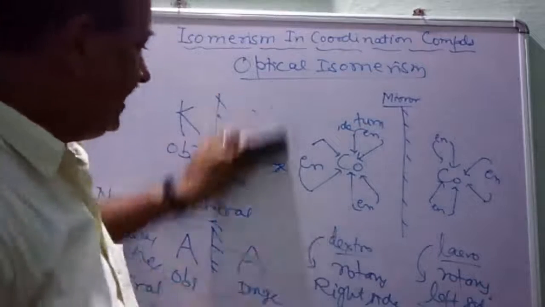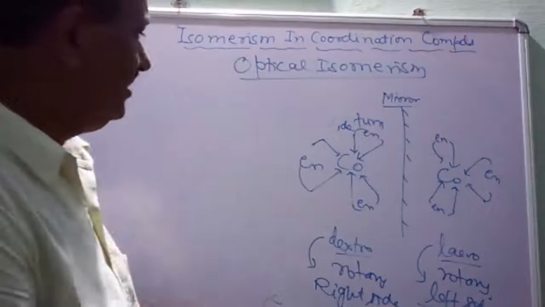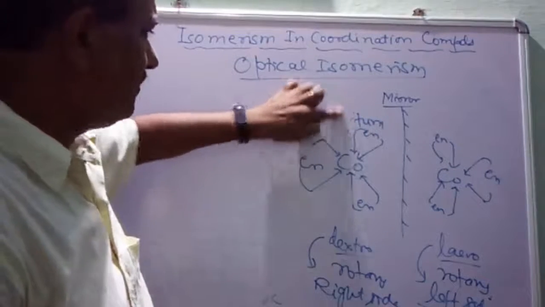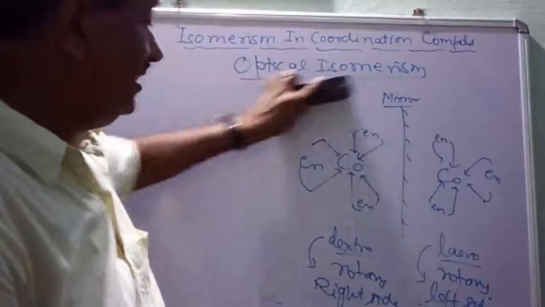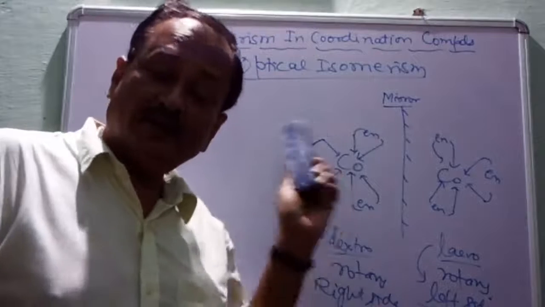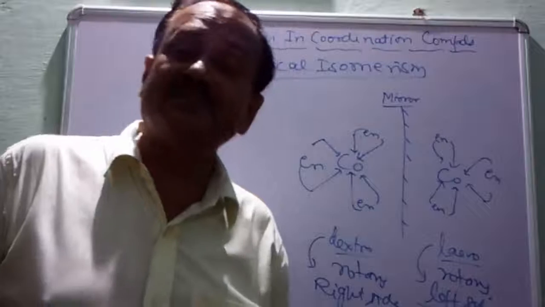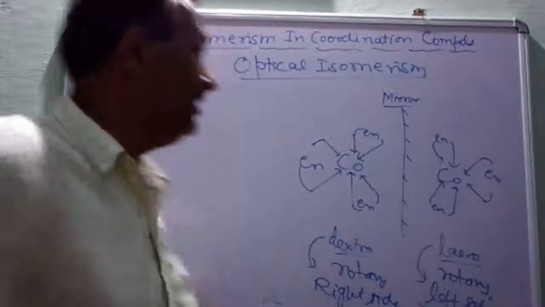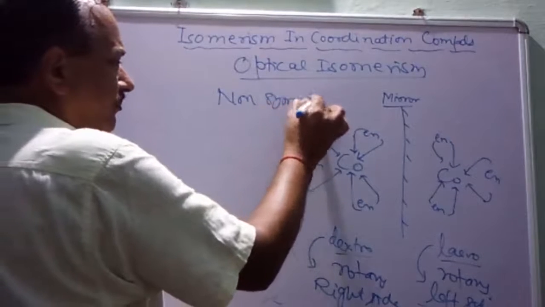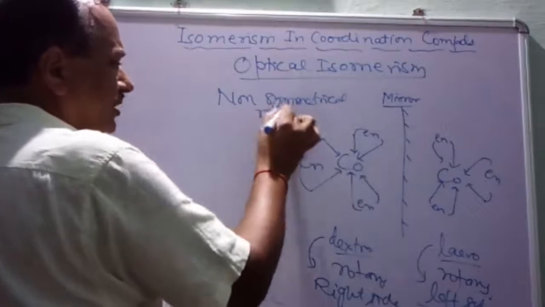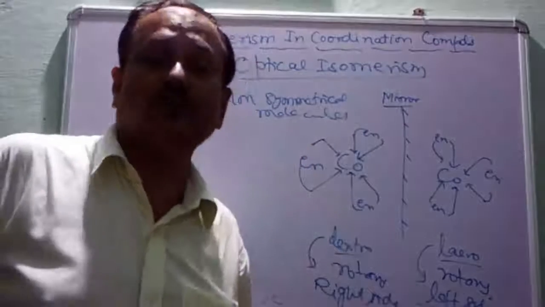Now see here, I have drawn an enantiomer, and here it is unsymmetrical. Optical isomerism is exhibited by substances which are not symmetrical, non-symmetrical molecules. So here this will have the octahedral geometry.